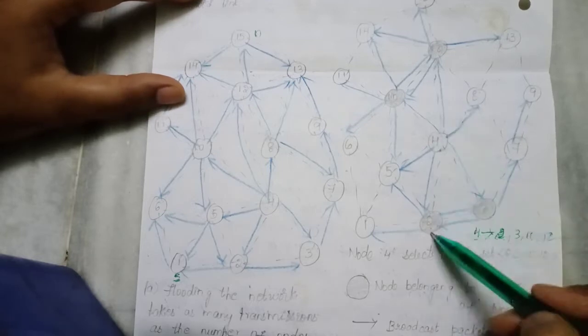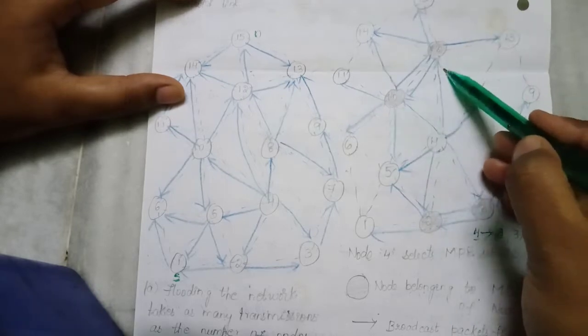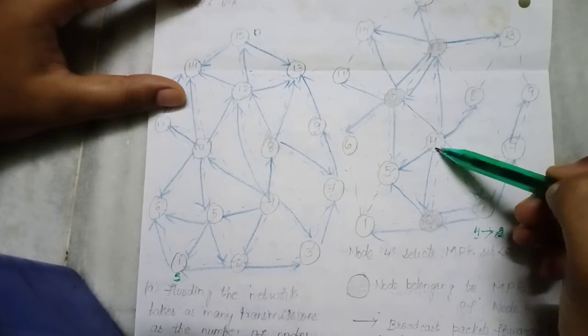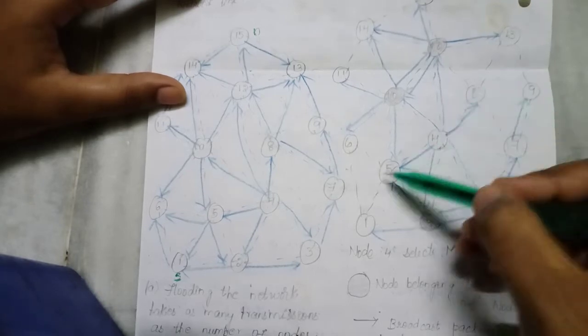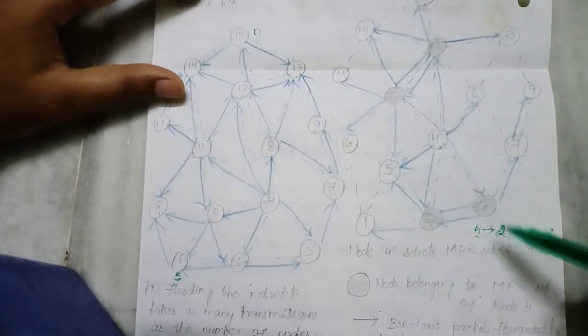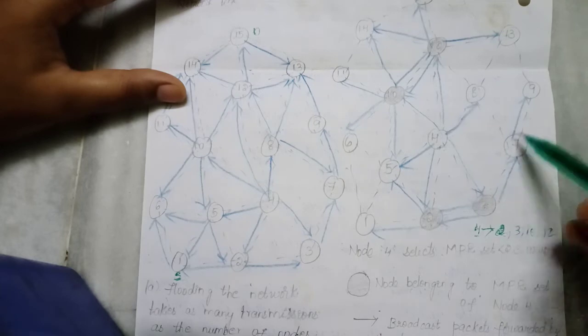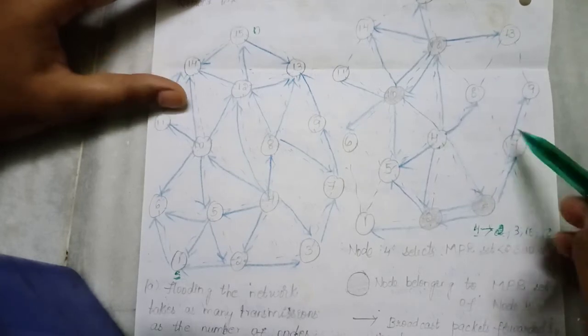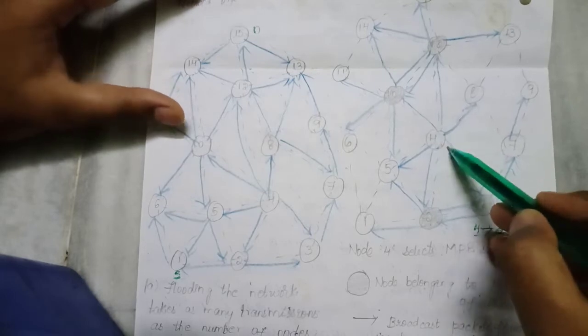Then 2, 3, 10, 12 will forward and process the packets that are originated by 4. But these 7, 8 and 5 are not in the MPR set, right? So they will not forward them, but they'll process the packets that are originated by node 4.